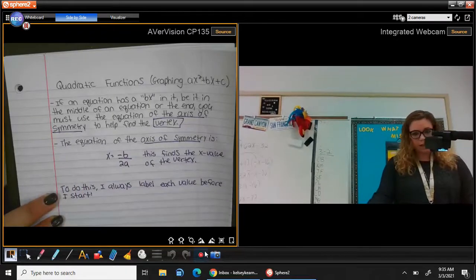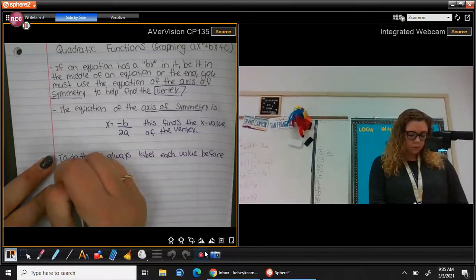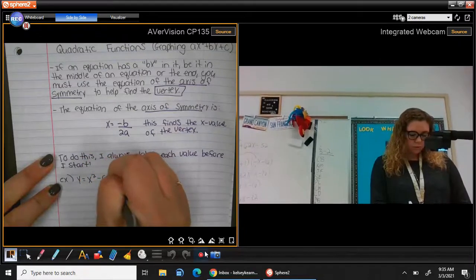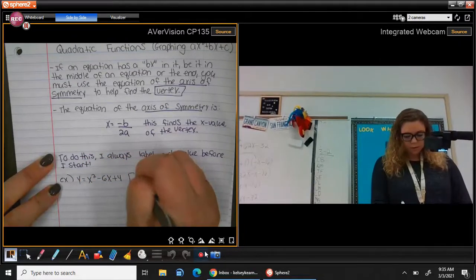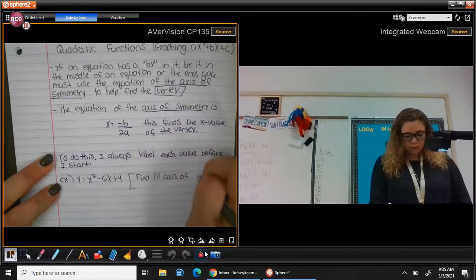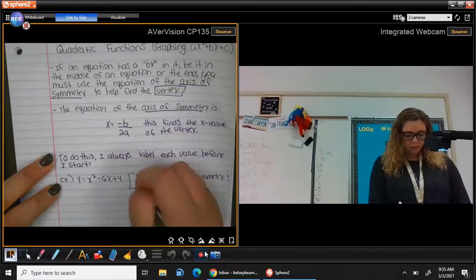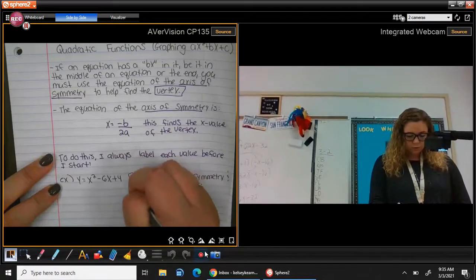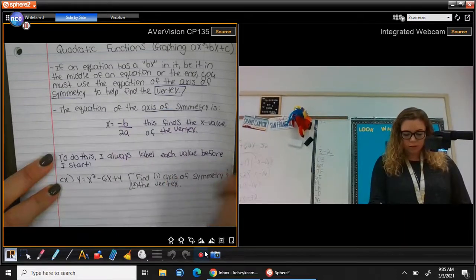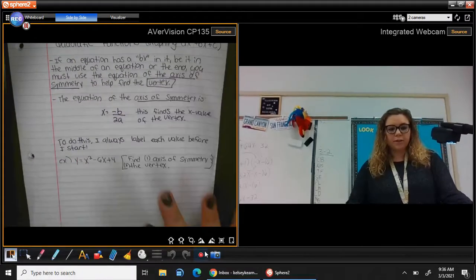Okay, so what I mean by that is if I have an example like below, and they want me to first find the axis of symmetry and then the vortex. And this is going to be the exact same thing you do on your homework today. Okay, you're going to have to find the axis of symmetry and the vortex. So your homework is going to be very similar to what we're doing now.